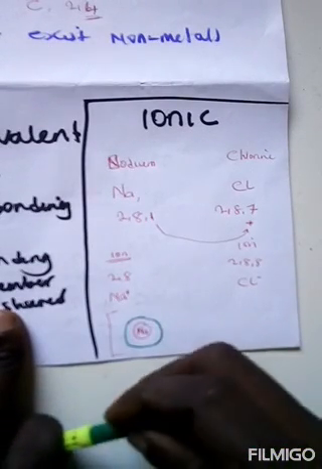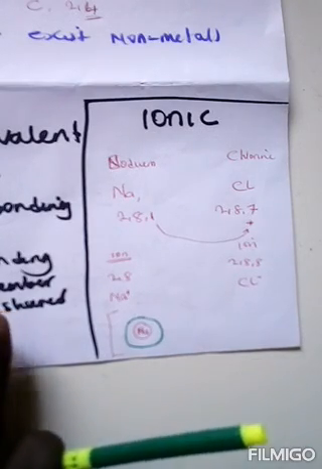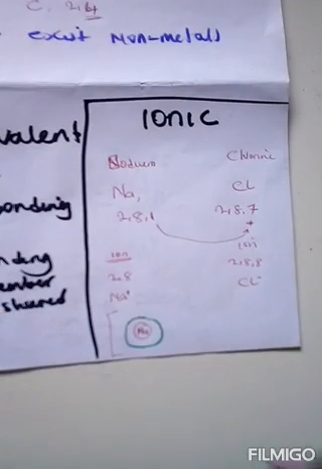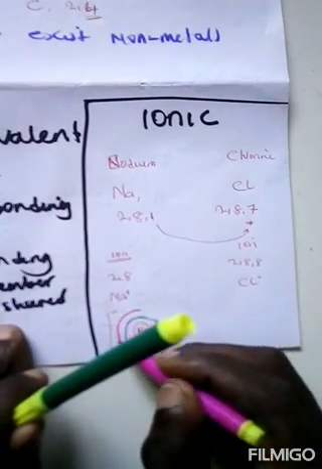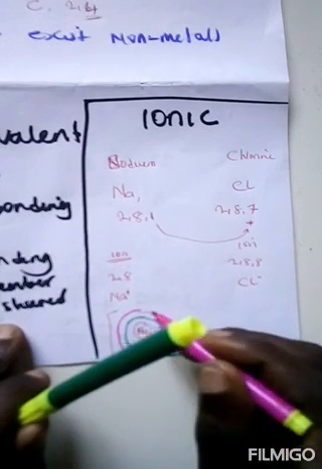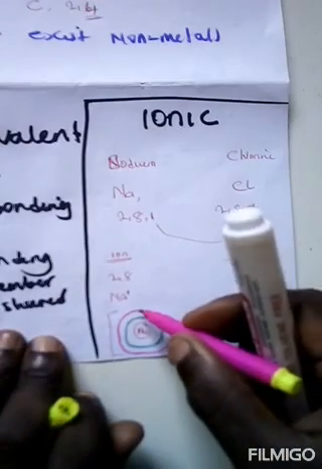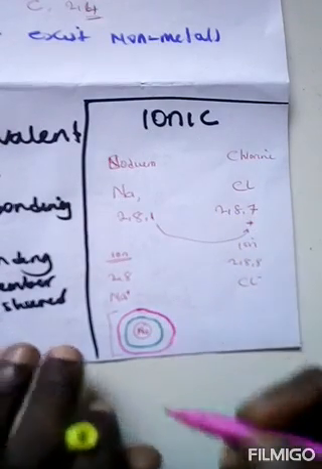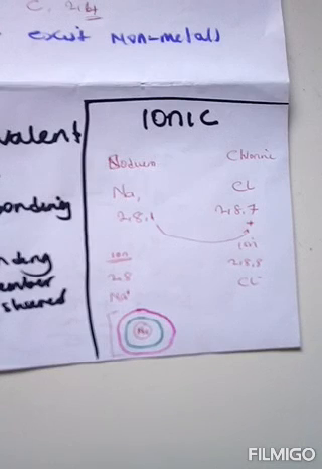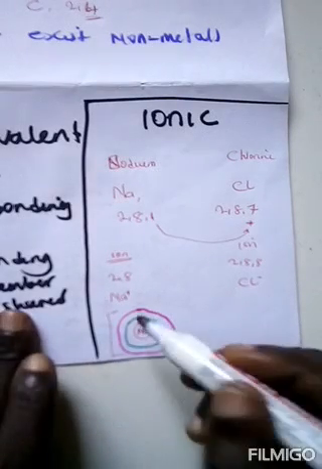Then since after being an ion it will only have two shells, then you have the next shell. So we have this as our sodium. Okay, my marker was a bit faint.